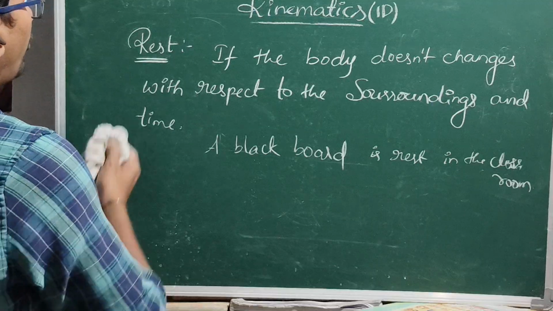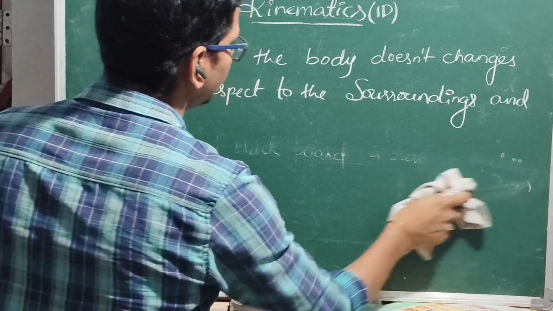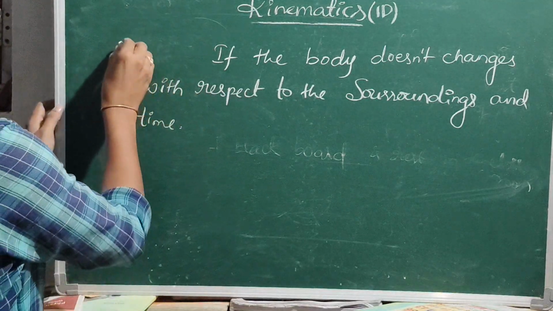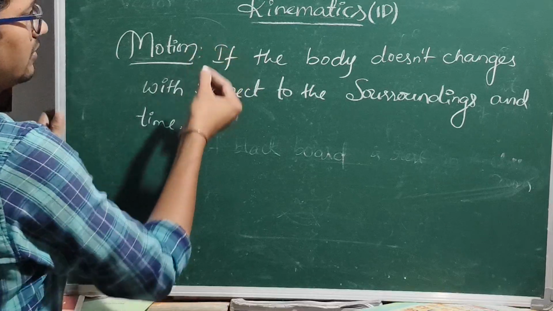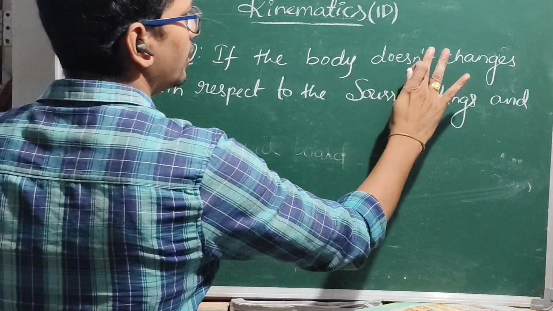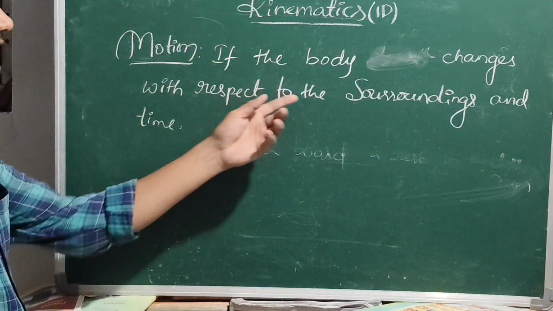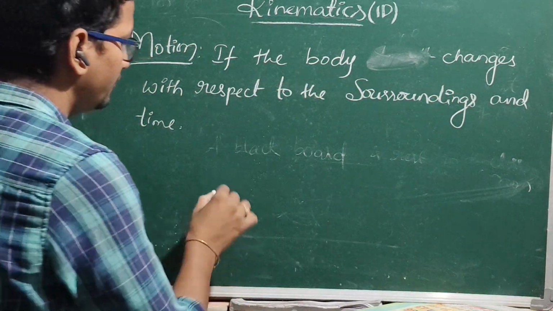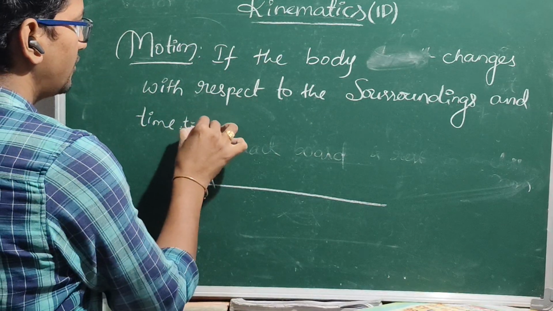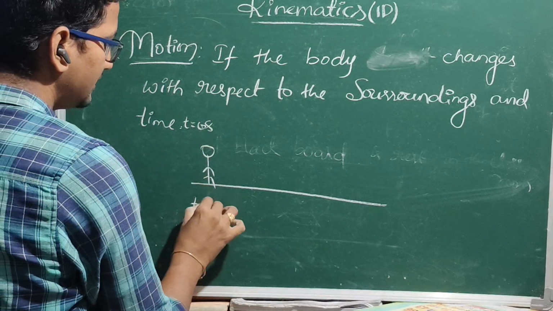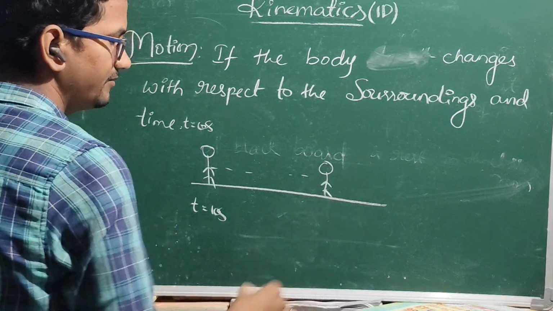Simply we can say motion. What is motion? Okay, see, a small change in the definition. If the body changes its position with respect to the surroundings and time. For example, the same person is there. Initially t is equal to 0 seconds. After 10 seconds, the person is walking towards the right.